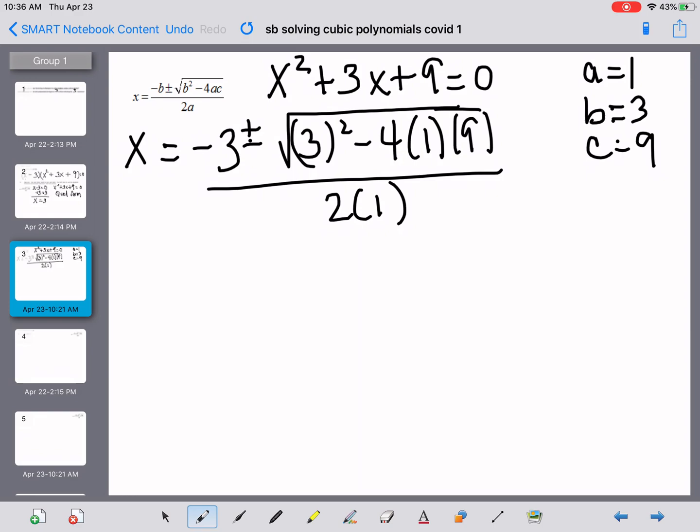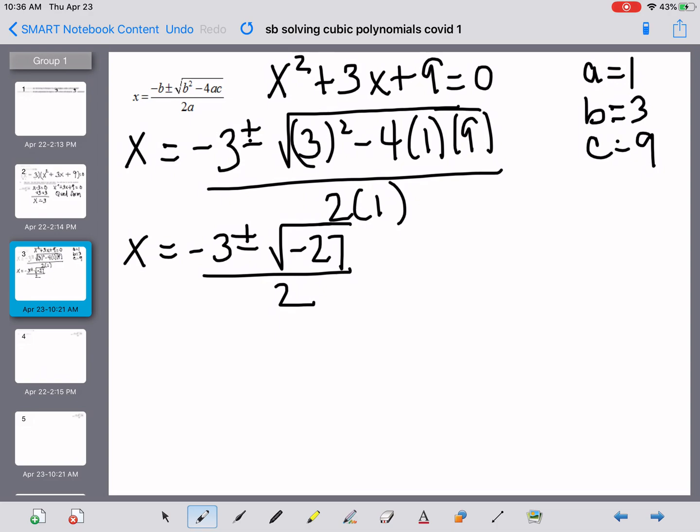The thing is, I don't have a calculator, but what we did is we figured out the value underneath the square root with our calculator. But remember, if you've got your calculator right there, it's going to be negative 3 plus or minus. You still leave the square root in. And when you type that in, you end up with the square root of negative 27, divided by 2.